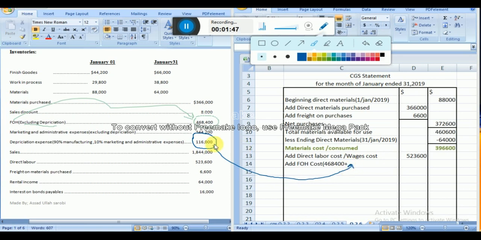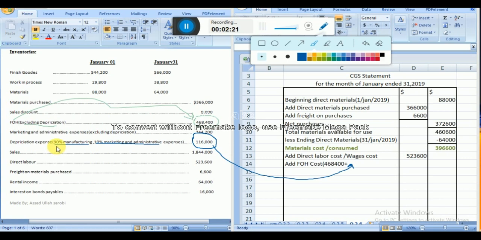No. Why? Yes, this is depreciation, but look at the depreciation expenses, they are split into two parts. The question says that total depreciation is 1,16,000, but of this 1,16,000, 90% belongs to manufacturing and 10% belongs to marketing and administrative expenses.